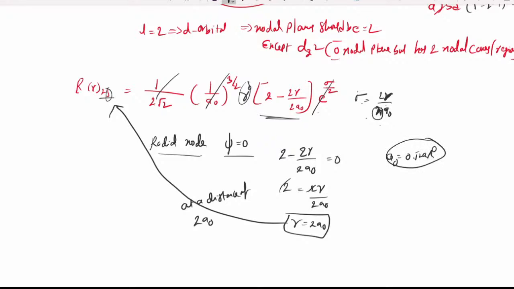So at a distance of 2a naught, for the 2s orbital, a radial node occurs. You understood my point? Sir, why does distance mean radial node? Do you know the meaning of distance? A distance-dependent node is called radial. A direction-dependent node is called an angular node.